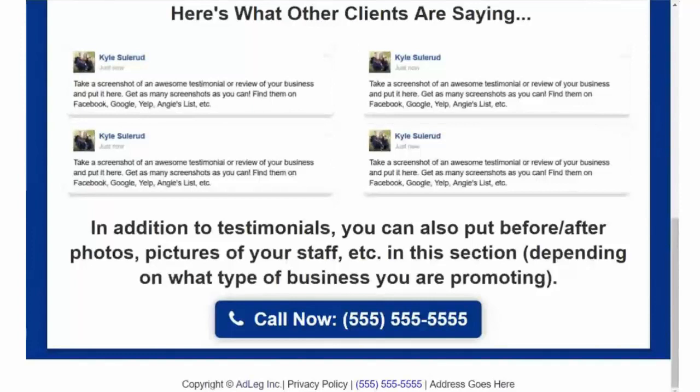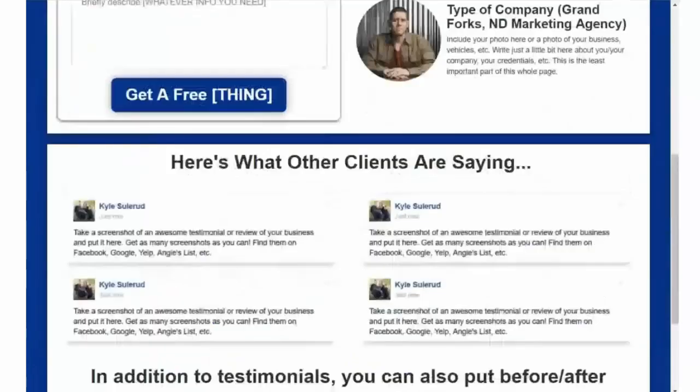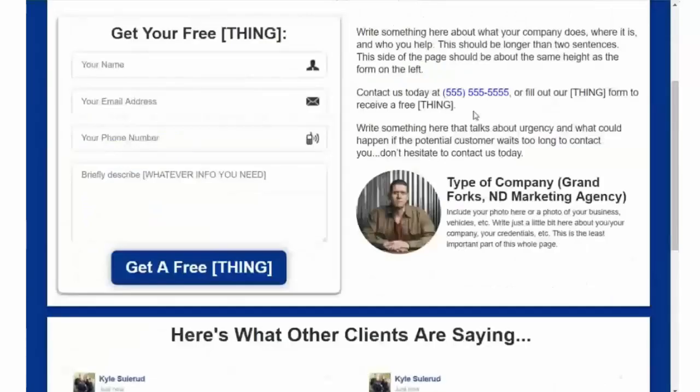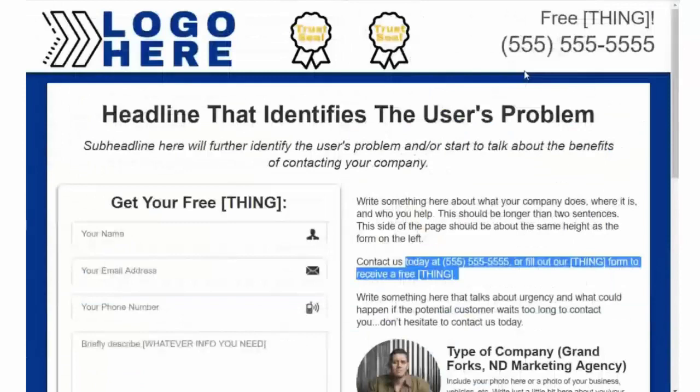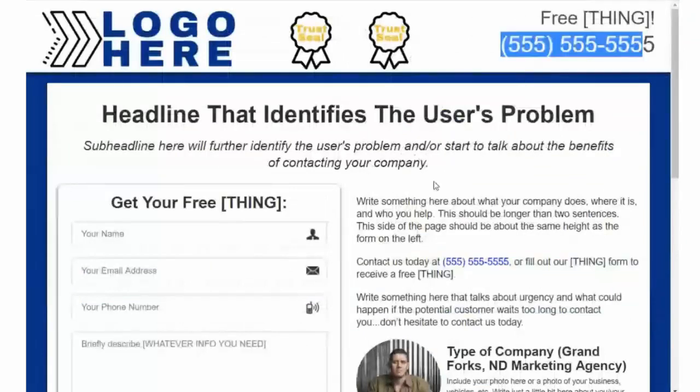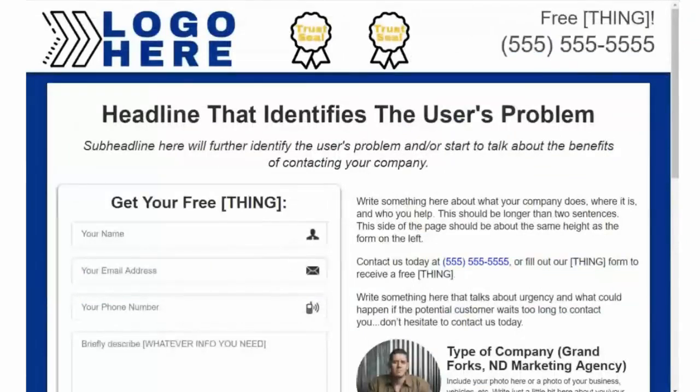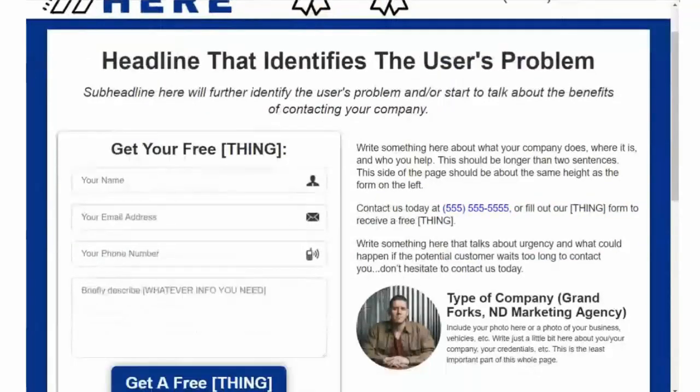That builds even more trust. So notice on the page we have the phone number multiple times at the bottom. We have another button at the bottom here. We have the phone number here within the text. We have the phone number at the top. That's the main thing we want people to do, is call us. The next main thing we want them to do is fill out the form.